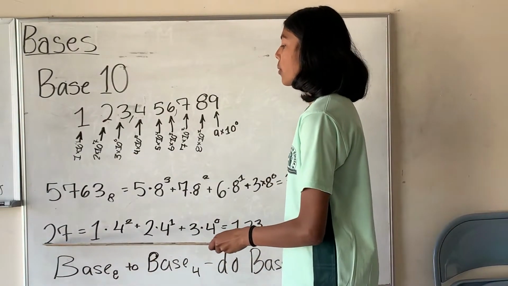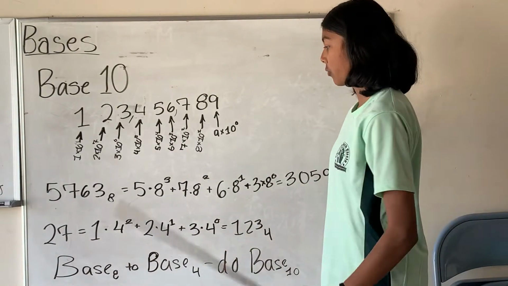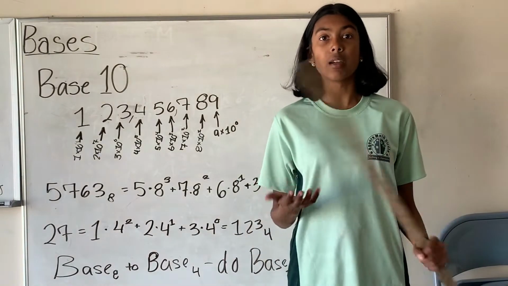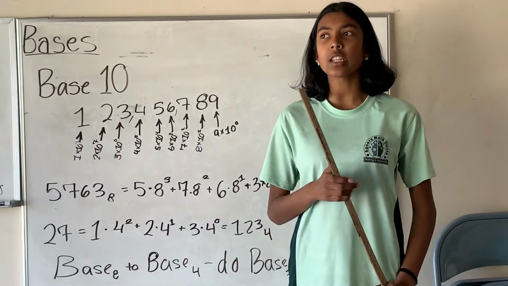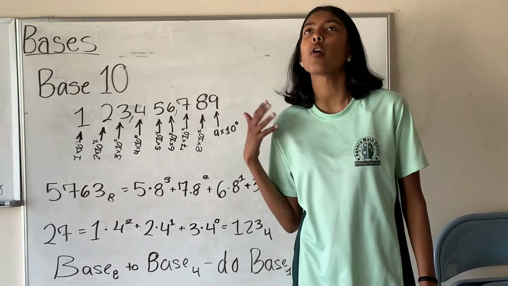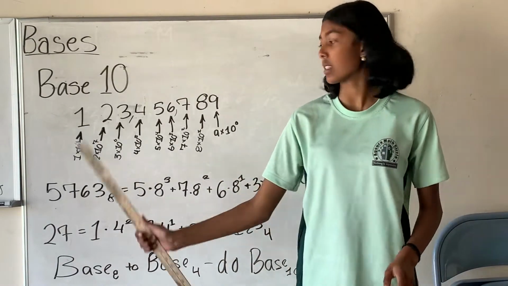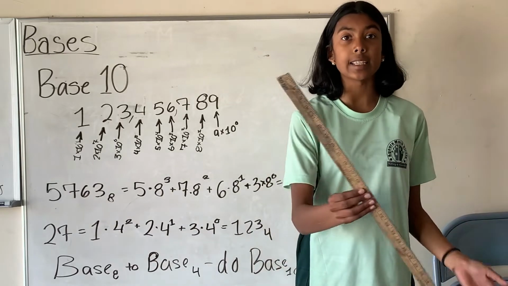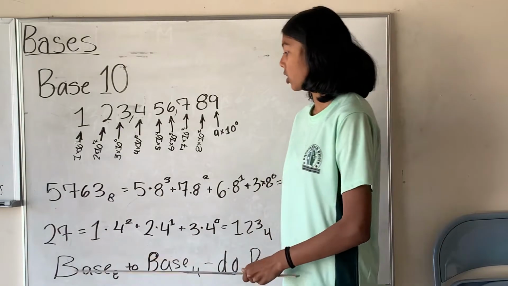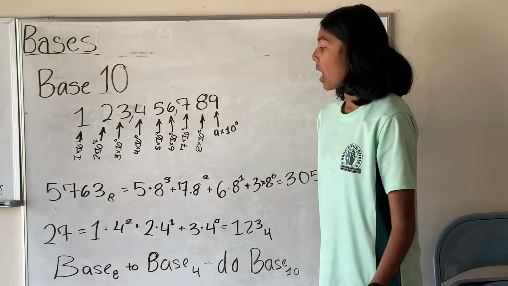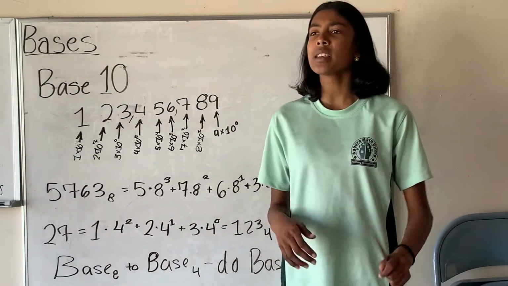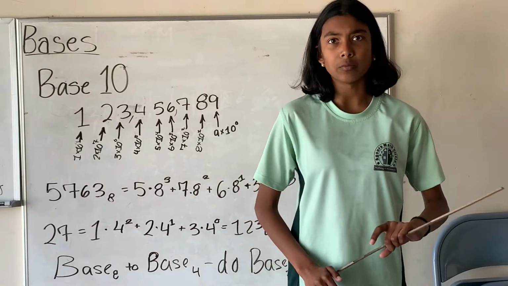Let's say we want to convert a base 10 number to a different base. For example, we want to change 27 to base 4. What we're going to do is apply a bit of logic and multiplication. First we think, what is the highest power of 4 that is less than 27? In this case, it's 16. So we do 1 times 4 squared, which is 16. Then we think, what is the next highest power?